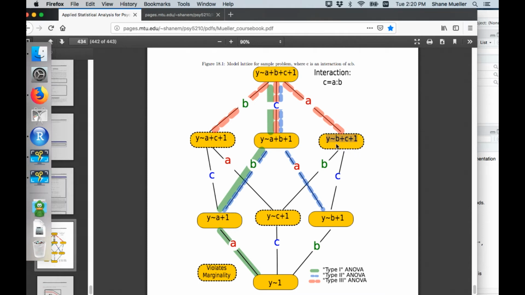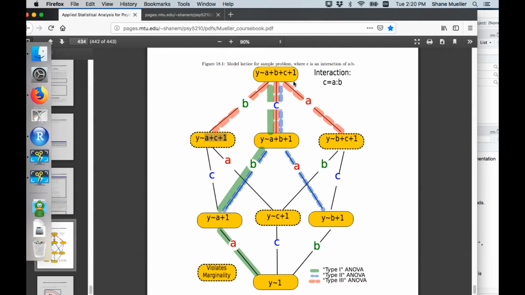Now, this is kind of weird. One of the reasons people don't like it is because it incorporates this interaction even though you haven't tested the main effect yet. Similarly, for B, you would test the model with A, B, and the interaction to the model with just A and the interaction.